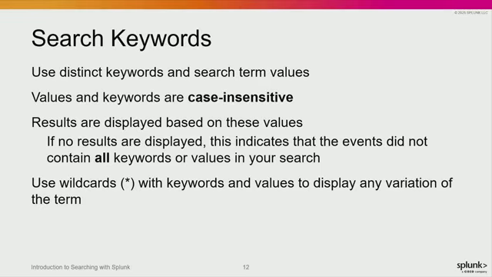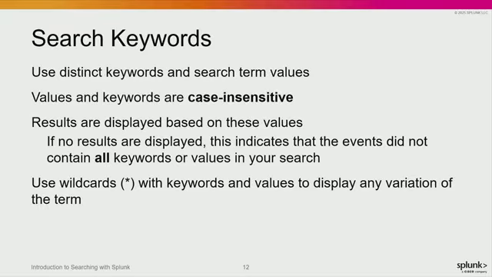So when we're searching with keywords, we are going to be using terminology that appears in those events. What's nice is values and keywords are case insensitive, meaning as long as you type out the keyword and it's spelled correctly, whether it's in lowercase or uppercase, it will not affect our ability to retrieve those events.